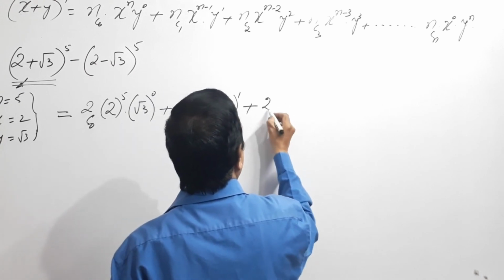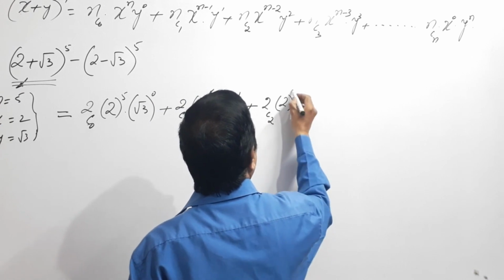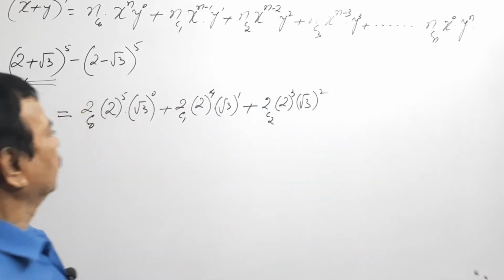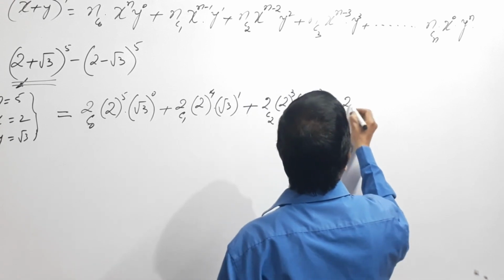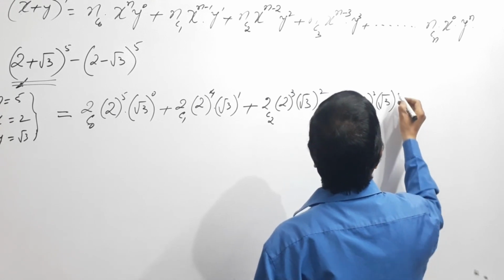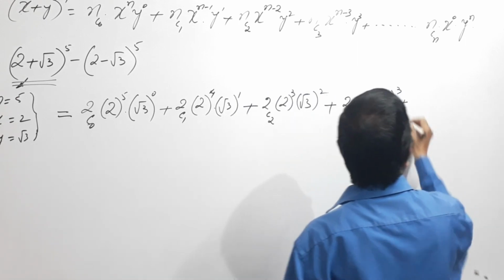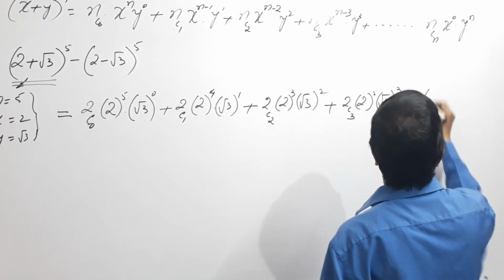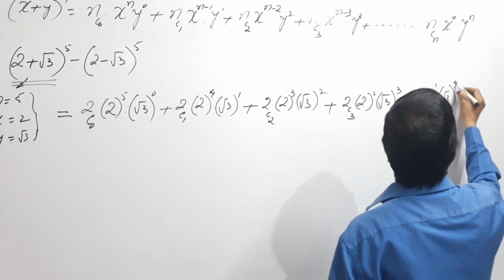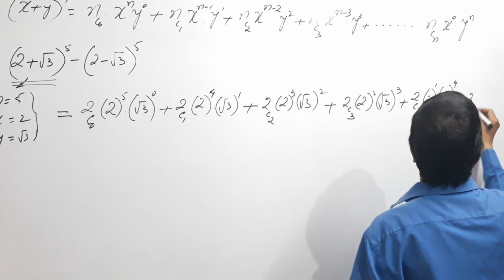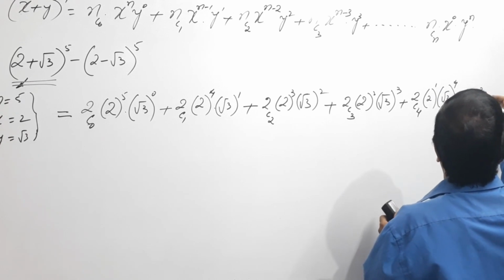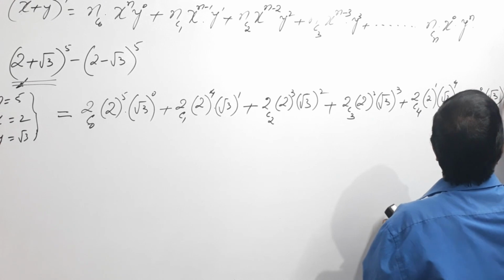plus 5C2 2 to the power of 3 root 3 to the power of 2, done, plus 5C3 2 to the power of 2 root 3 to the power of 3, plus 5C4 2 to the power of 1 into root 3 to the power of 4, plus 5C5 2 to the power of 0 into root 3 to the power of 5.